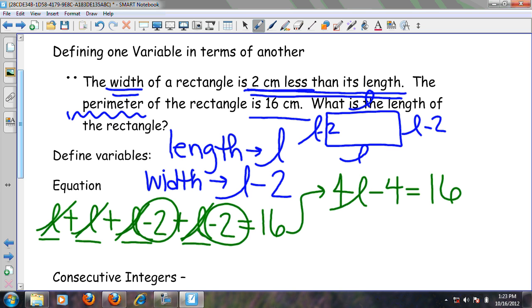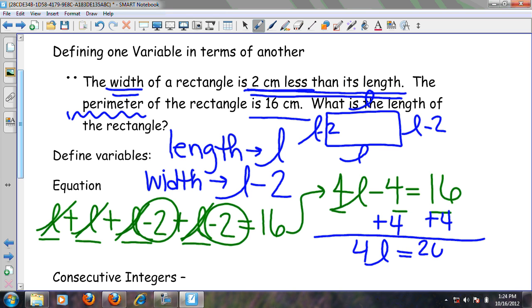You could be saying to yourself, all of these are factors of 4. I could use a strategy there, or I could go back to just solving a two-step equation. I think Stormy would rather just solve a two-step equation. So plus 4 plus 4. So 4L equals 20.